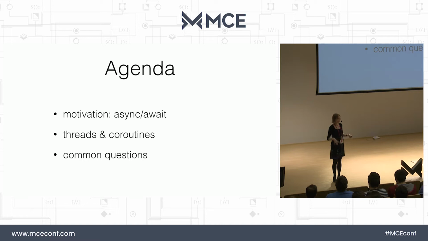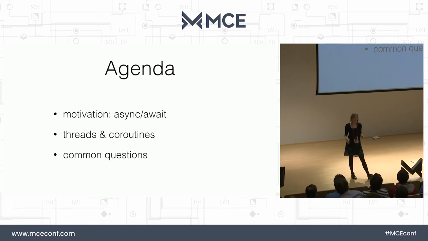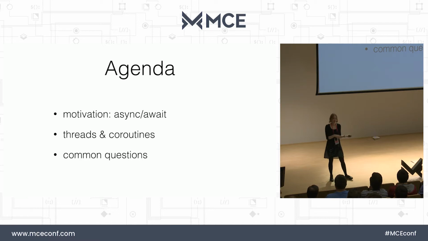First, we'll start with some motivation with an async await example. I will show you why we need this async await at all. After that, we will discuss threads and coroutines. We'll understand what the difference is and what this lightweight thread means. And last, we'll see some common questions.